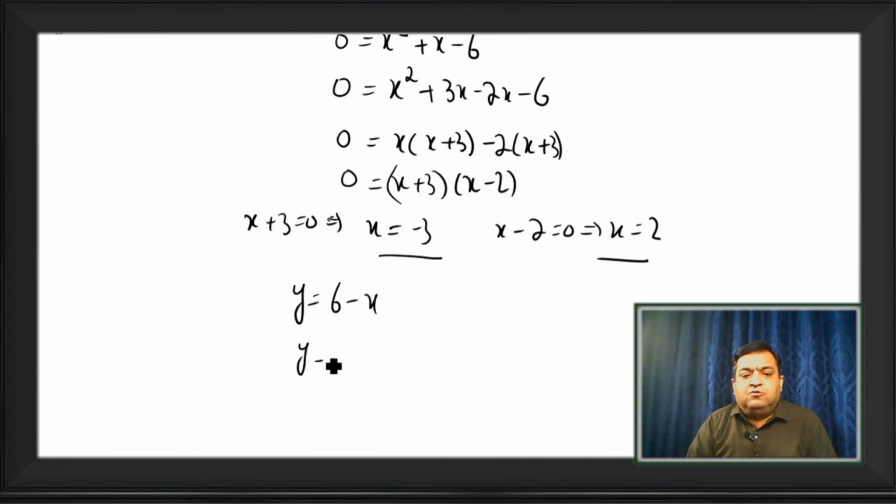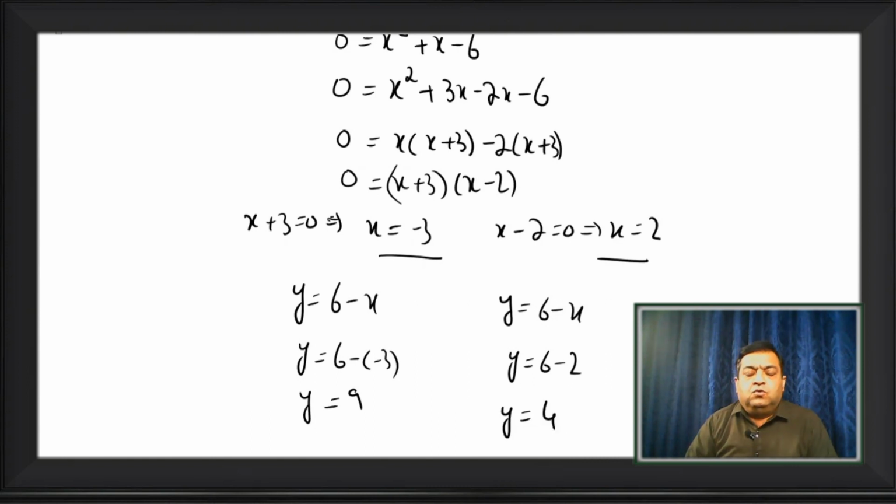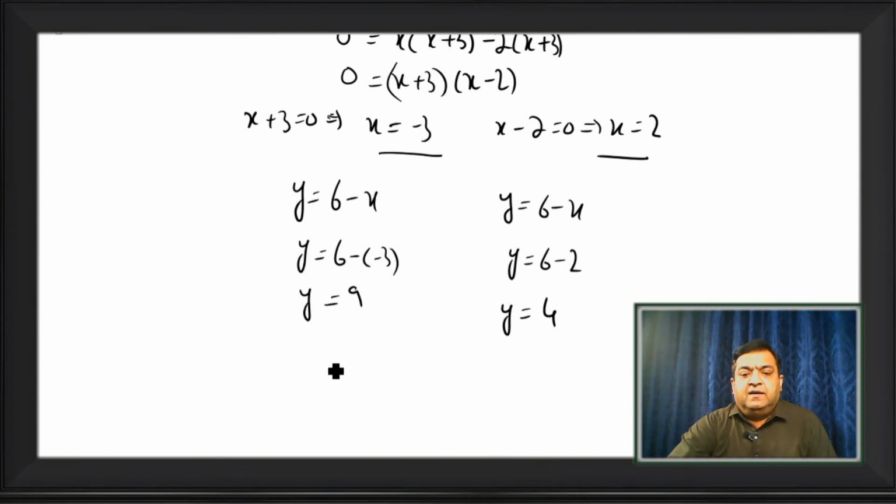For x is equal to minus 3, y will be 6 plus 3, 9. And for x is equal to 2, y will be 6 minus 2, 4. So we have two solutions.